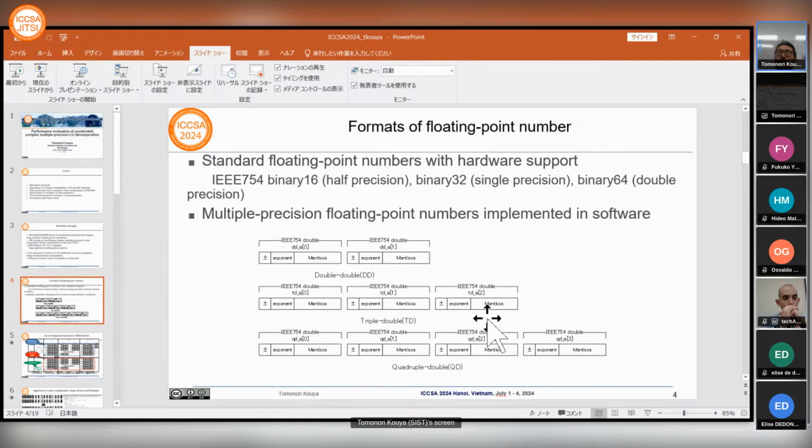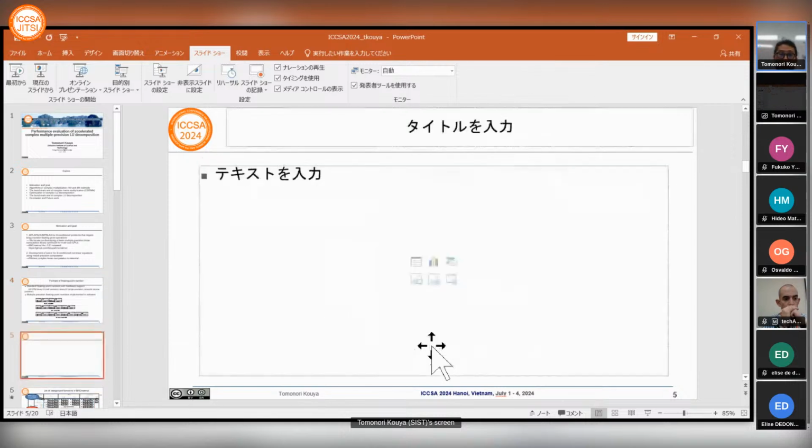We are concentrating on accelerating these three types of multiple precision floating point arithmetic.